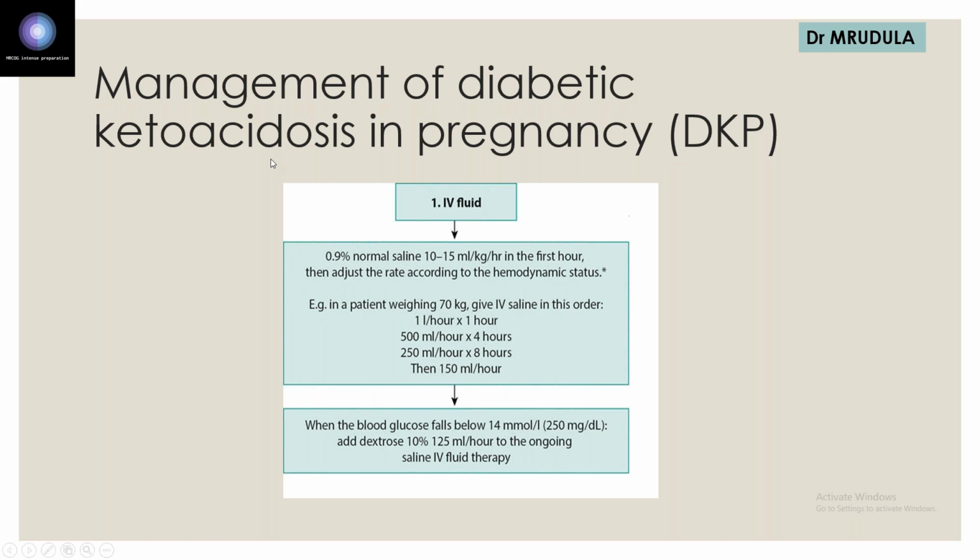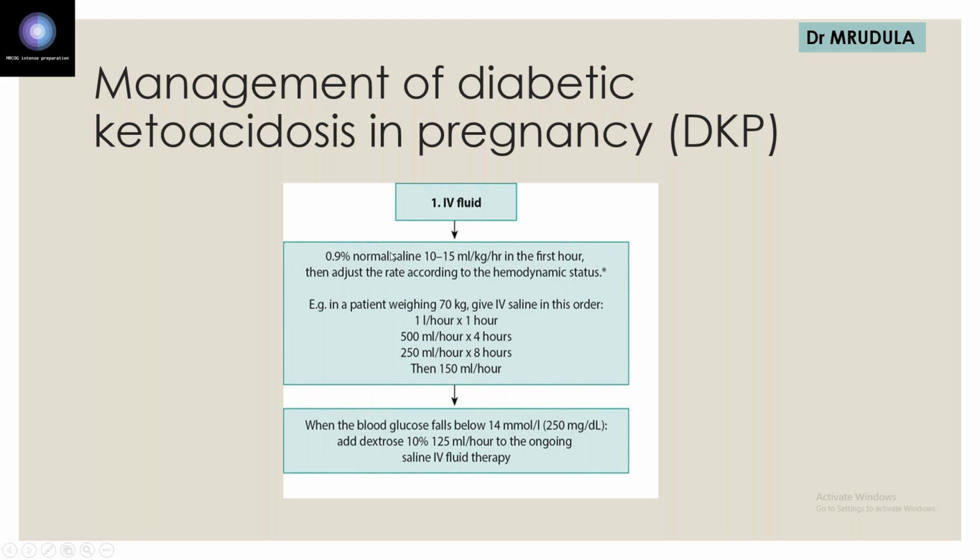So what is the approximate fluid management for a patient of around 70 kg? You have to give 0.9% normal saline, 1 liter in 1 hour, the next 500 ml per hour for 4 hours, then 250 ml per hour for 8 hours, and then finally maintenance will be 150 ml per hour.